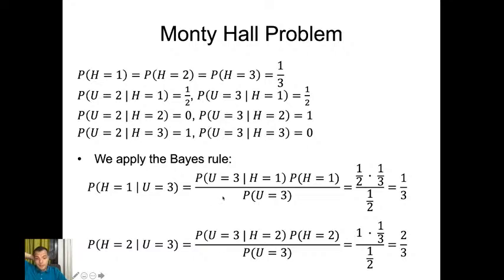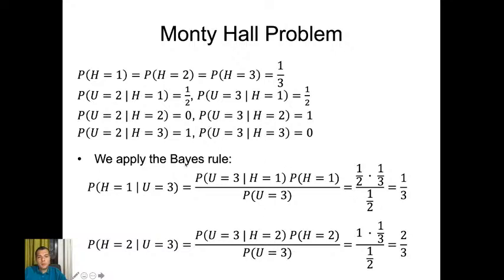What we want to find out is the probability. We have only two options, so only two probabilities to compute. We want to find out if the prize is behind door number 1, given that the host opened door number 3. Using the Bayes rule, this is equivalent to the reversed conditional probability multiplied by the probability that the prize is behind door number 1, divided by the probability that the host opened door number 3.